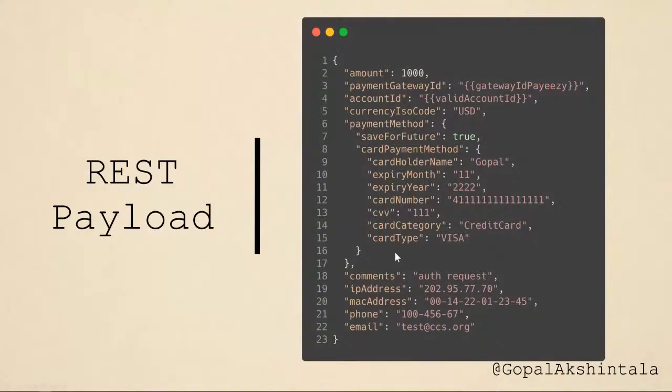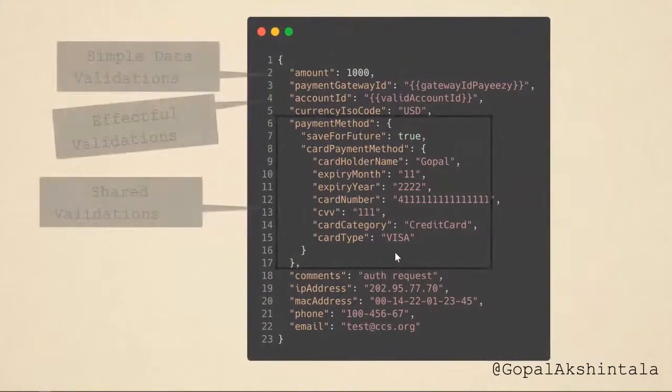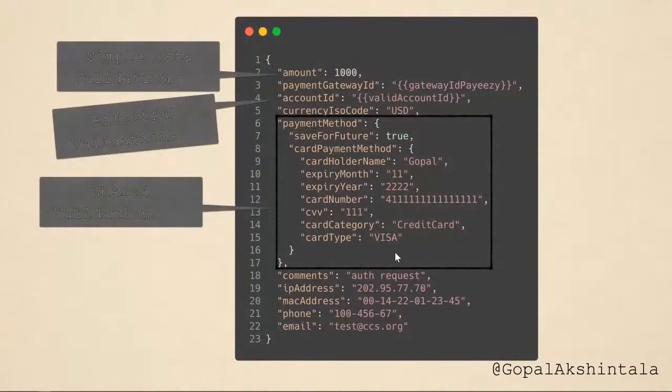This made our problem tricky, because we had to validate this request, and we'll see what the problem requirements are. For simple data like amount, all we've got to do is a simple data validation, like whether it is not $1 billion or negative.